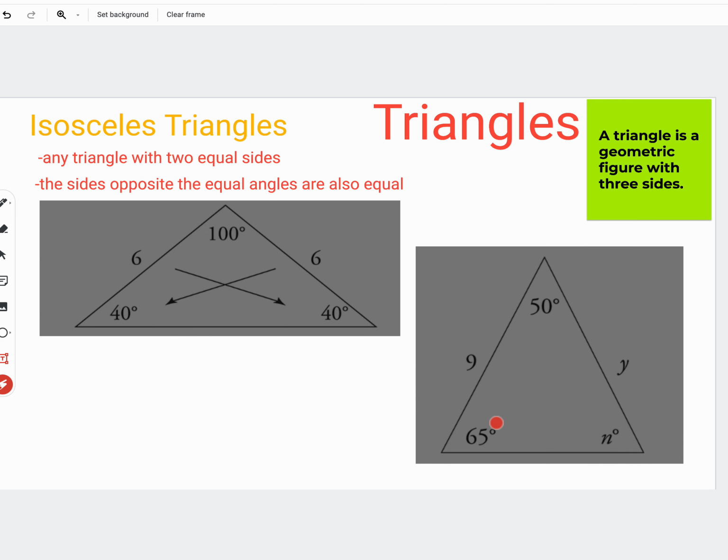Since n equals 65, then y must equal 9. 65 plus 50 plus n will give us 180, 65 degrees.